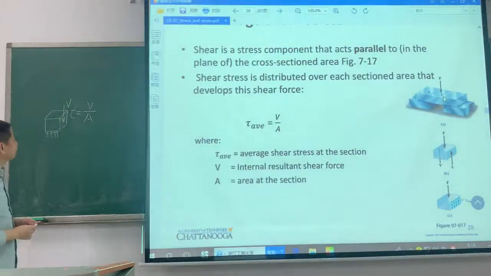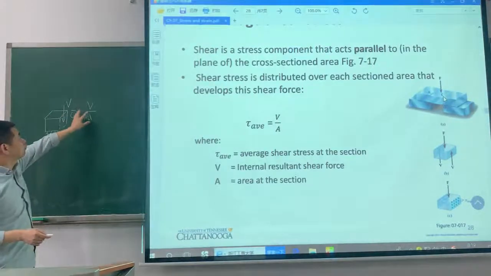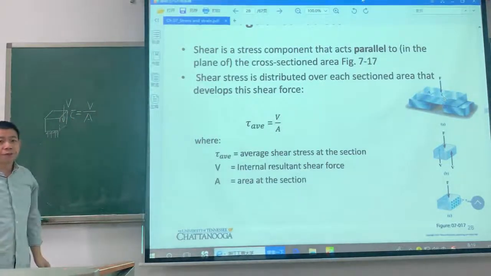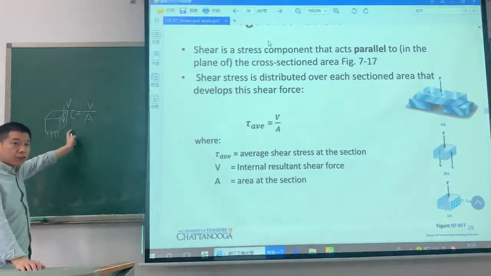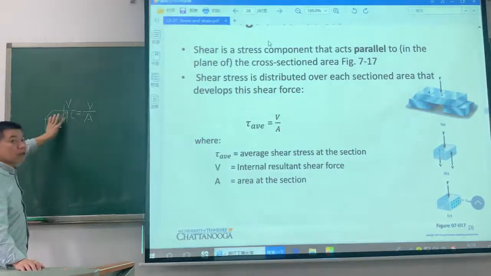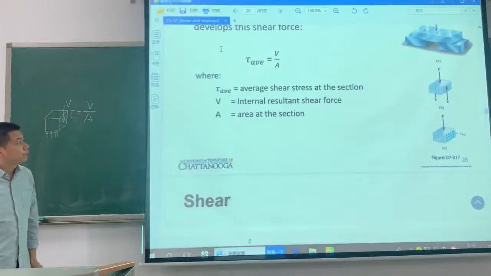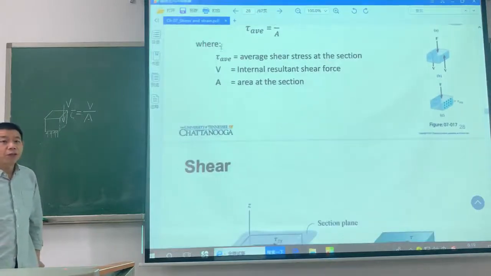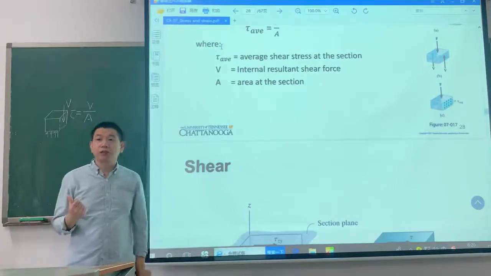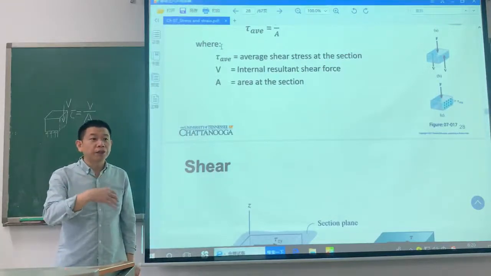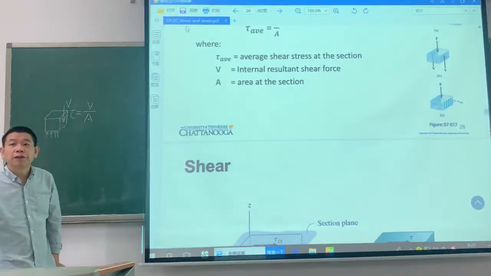Yes, sir. So the shear stress on the surface is V over A. We assume the shear stress is uniform on the section, because we can't get the precise answer on the cross section. So we just find the average result. Understand? Yes. Okay.